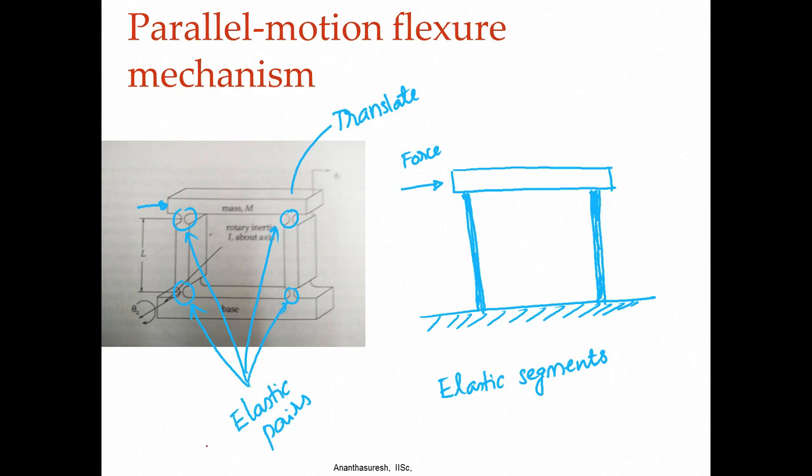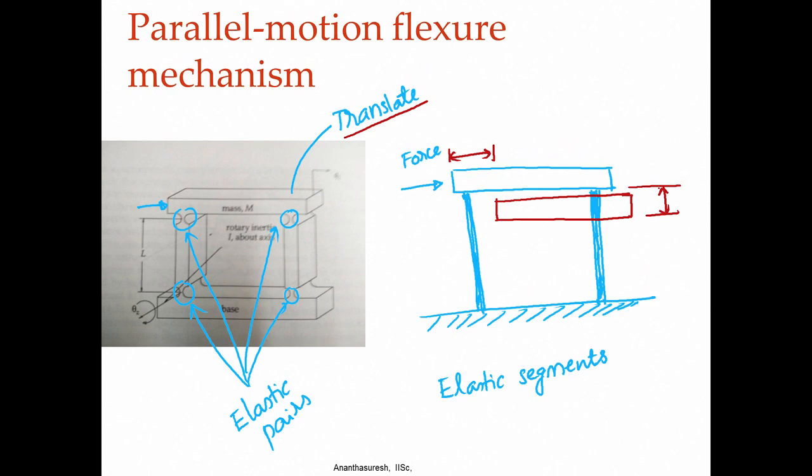I said that it is going to only translate, there is no rotation. Let us assume that this has come down, it is kind of an exaggeration. It has come down and moved. So, there is some displacement in this direction and also there is some downward movement.